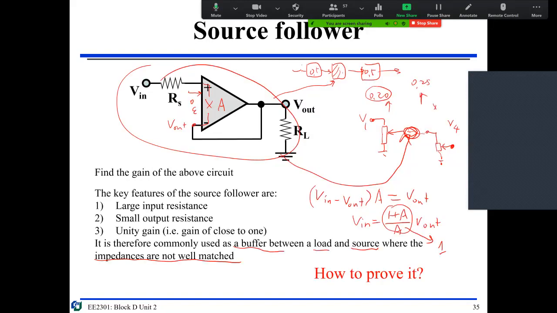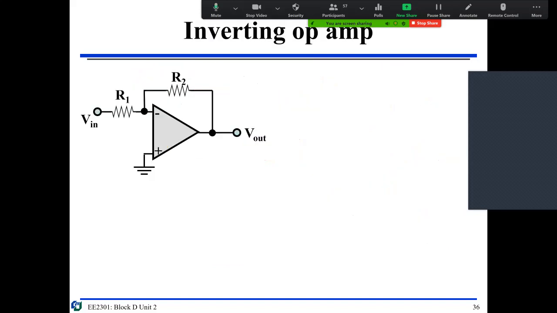But remember, the signal is coming to the non-inverting terminal. This is the inverting terminal. What is an inverting op-amp? That means your signal is getting to the inverting terminal, and you put the non-inverting terminal to ground. So what is the voltage here?